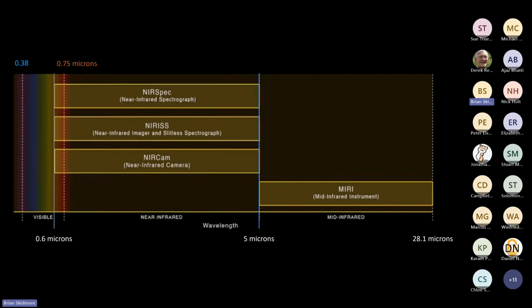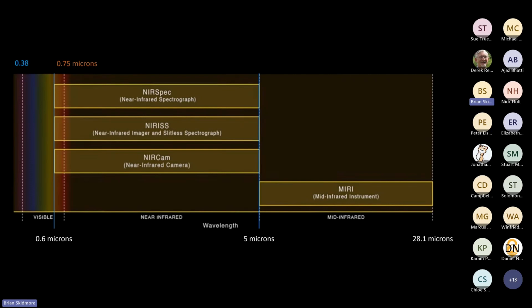And 3 of the instruments on JWST are slightly within the visible region, but mostly within the infrared, up to 5 microns. These are what are called the near infrared instruments: NIRSpec, a spectrometer, NIRCam, a near camera, and NIRISS, which isn't mentioned so much, but is a near infrared imager. It's sort of a combination of a spectrograph and a camera.